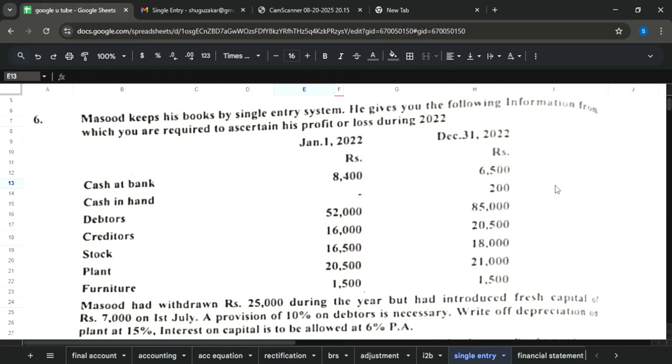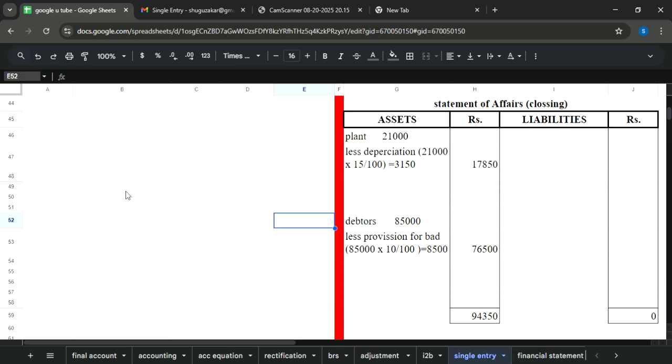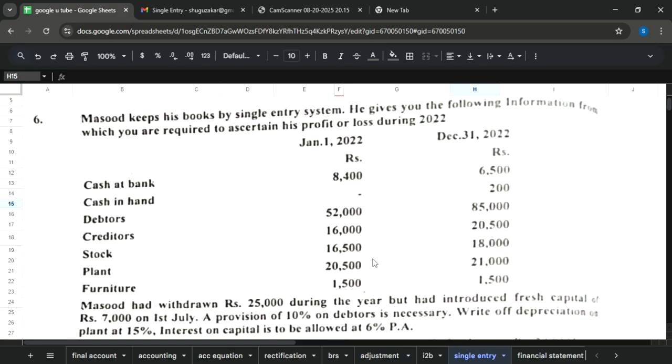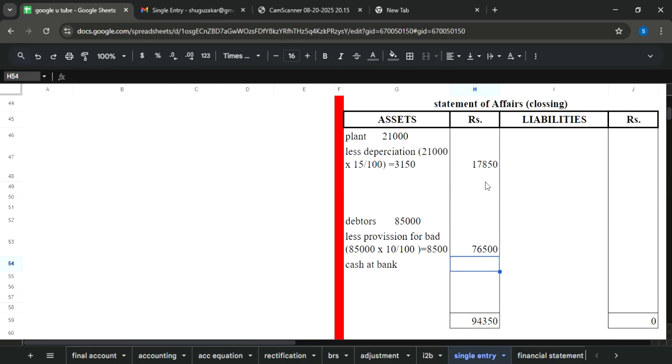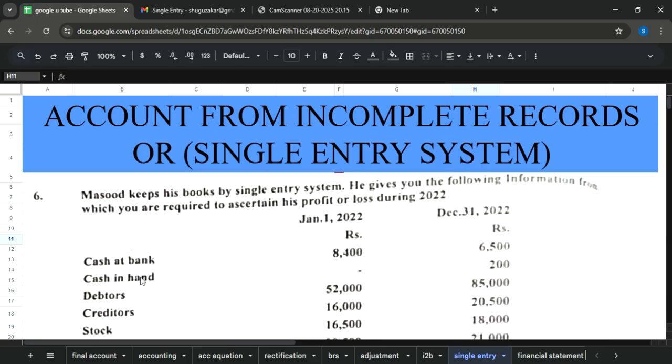We are now open to write the remaining assets. First is cash at bank. We will go to the closing asset side, and here you will start writing cash at bank. Amount of cash at bank is 6,500. We will write it in the closing statement. So here 6,500. After cash at bank, the next asset is cash in hand.